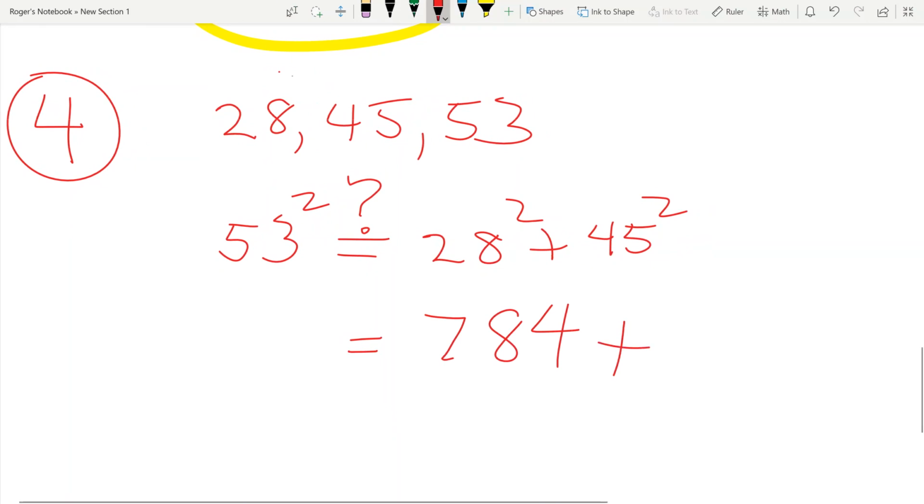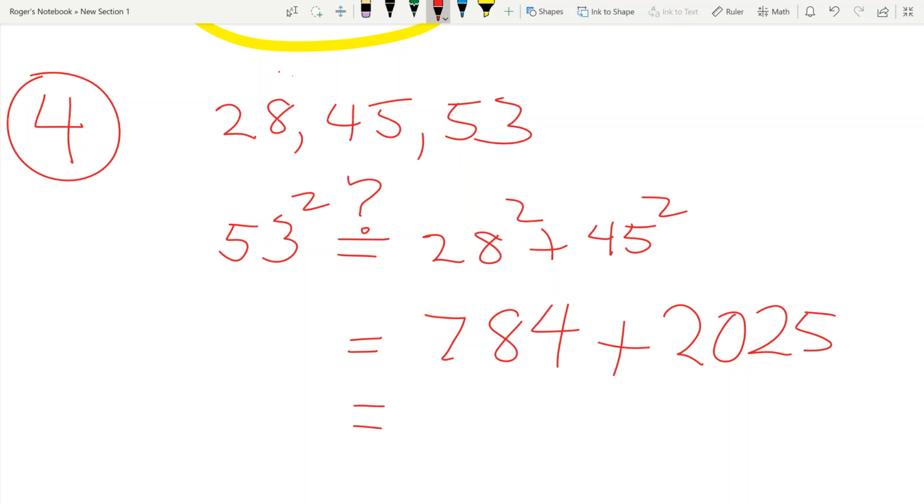And 45 squared works out to be 2025. What is 53 squared? That is 2,809.